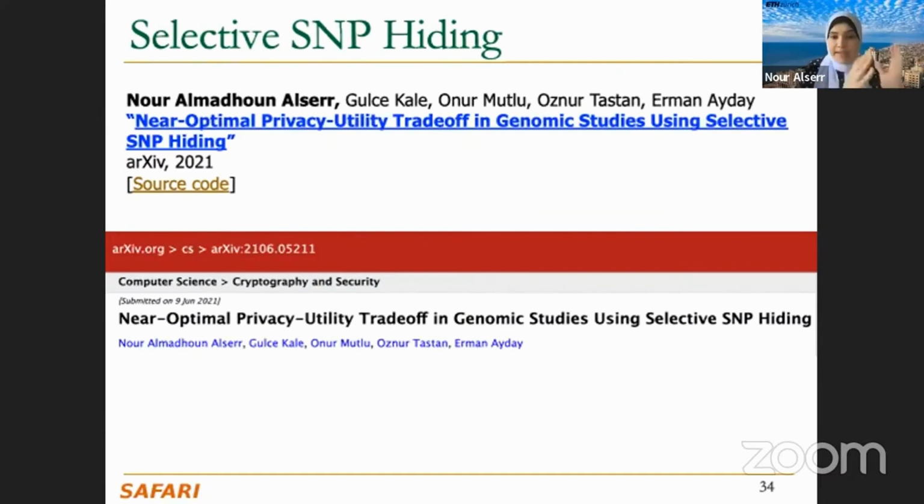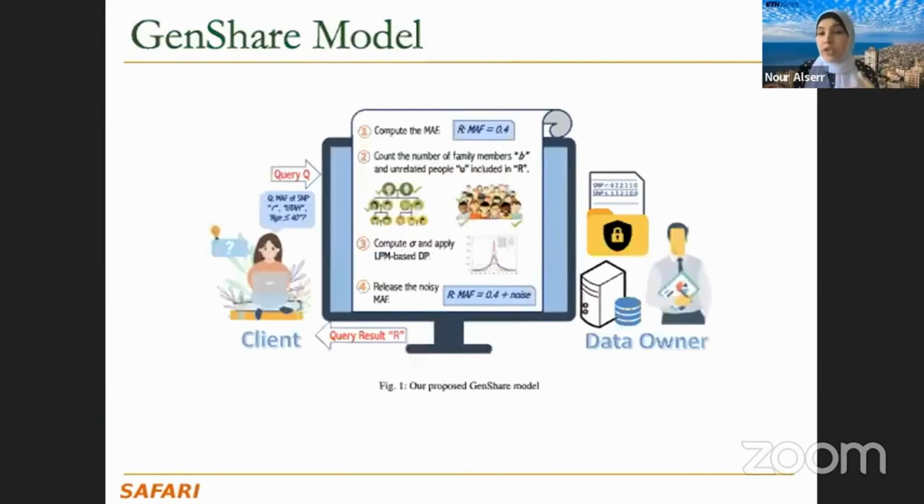Now, the second mitigation way is to work with the Laplace perturbation mechanism to change the query sensitivity because we have correlations, or to change the epsilon value. This work we call the GenShare model. Here we receive the query from the client, who can be any researcher, and maybe an adversary.